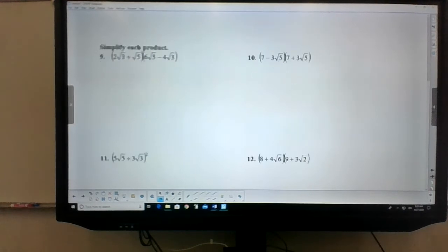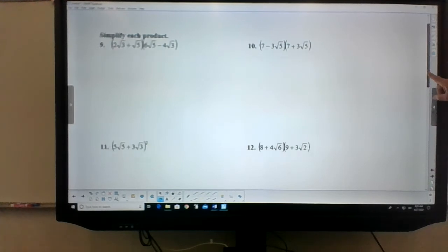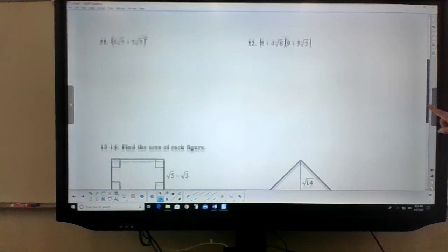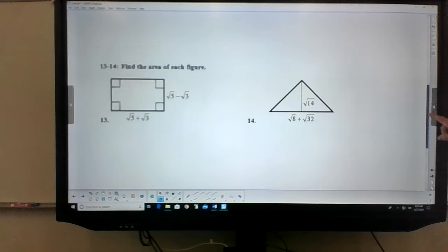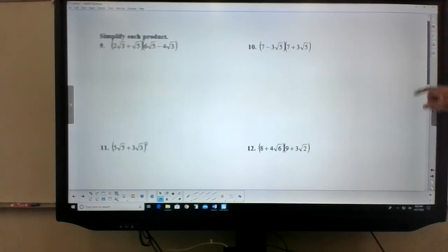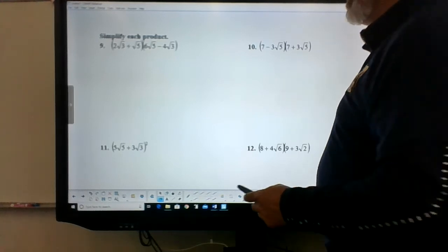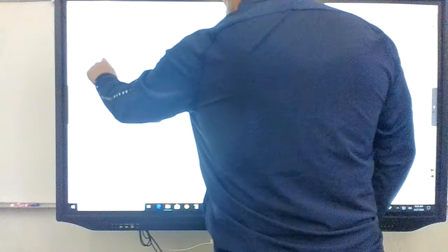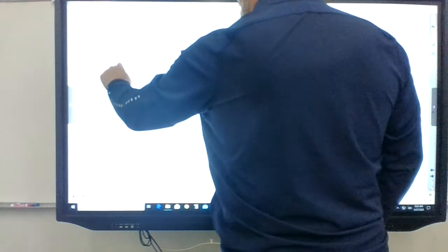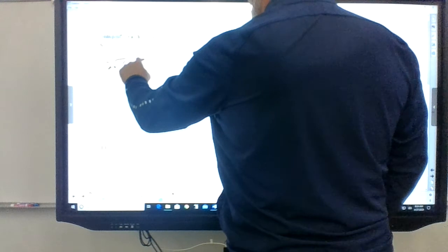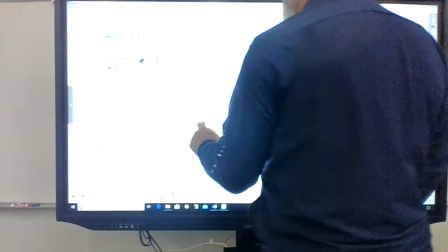Let's go to the back page here. Simplify each product. Again, it's basically a FOIL method. Let's take a look at the first one. That looks like the most confusing of these up here. Let's just see if we can do this. Again, if you want to stop and try it on your own and then compare it to what I get. 12 radical 15 minus 8 radical 9.